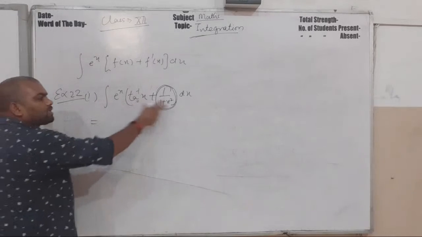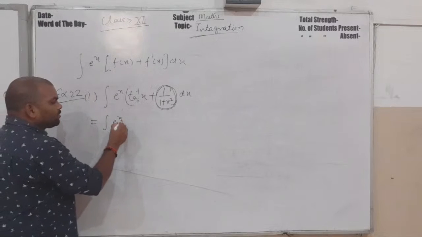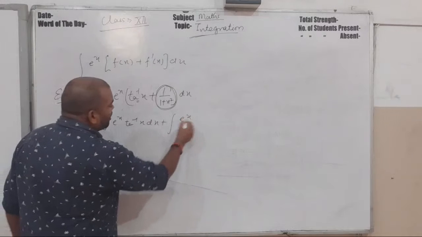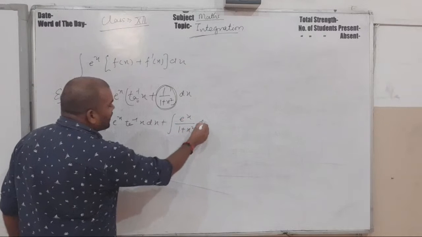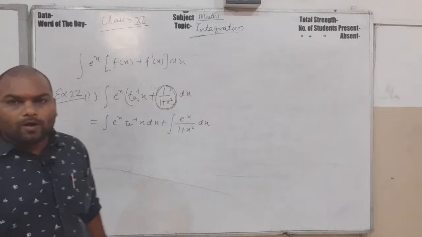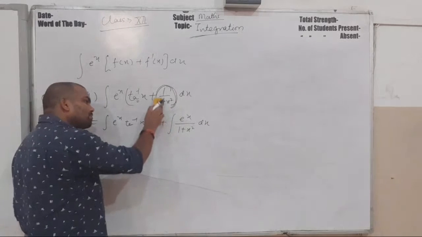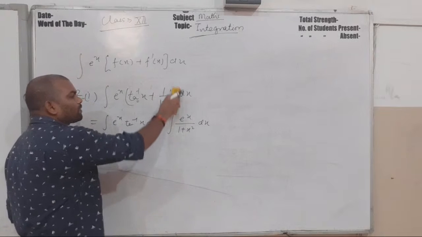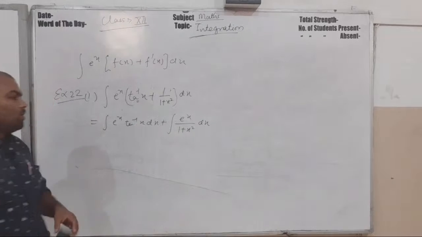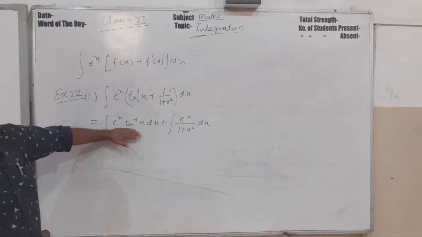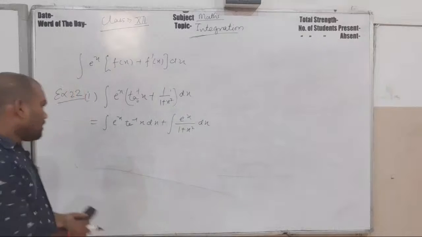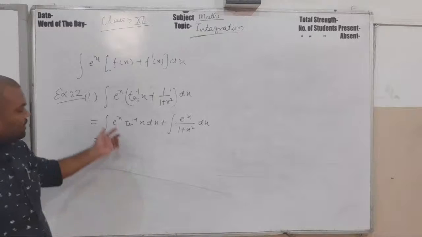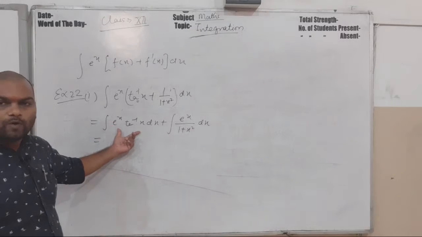We will separate it. This becomes integral of e to the power x tan inverse x dx plus integral of e to the power x upon 1 plus x square dx. Okay? Now we will integrate this part, only this part. Out of this we need to choose first and second function because it is in the form of a product of two functions.